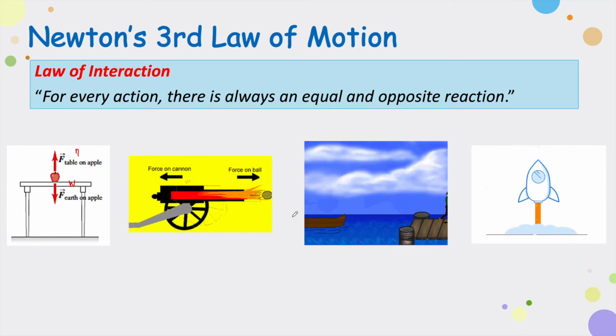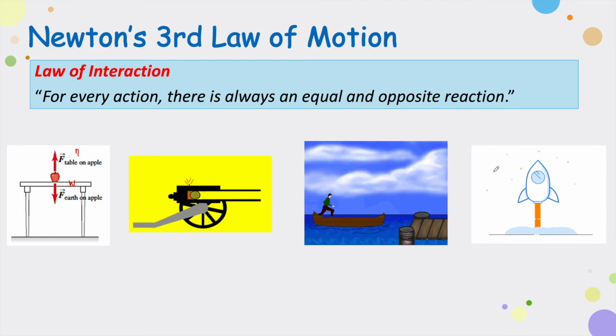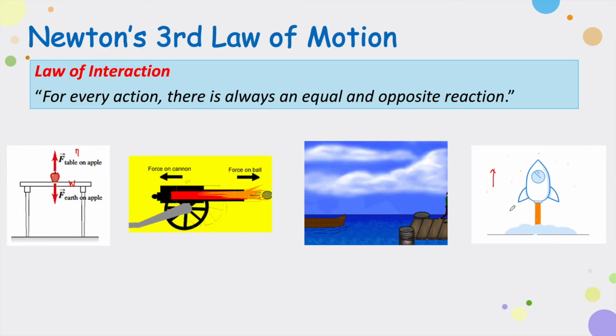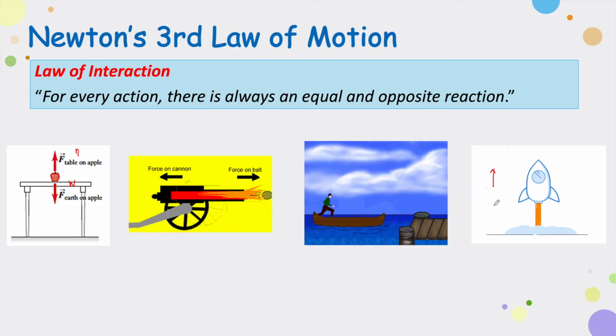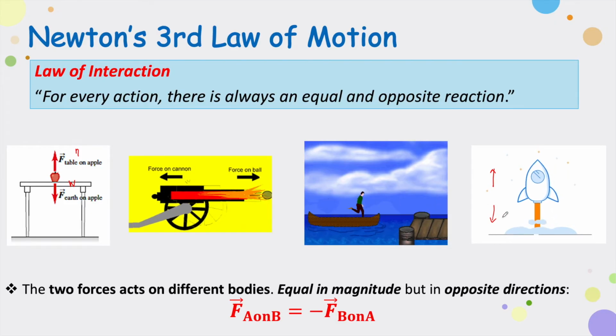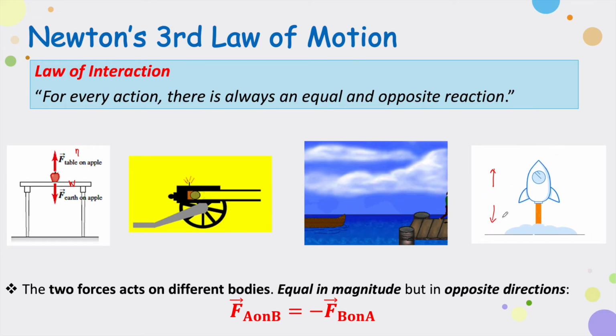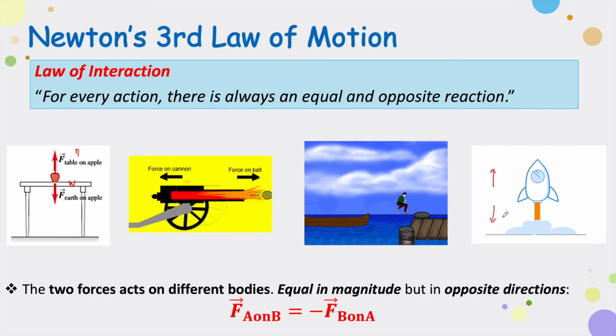The motion of the rocket is upward, but the gas goes the opposite way. The gas exhausted from the engine goes toward this side. So basically, two forces on different bodies, of equal magnitude but opposite in direction.